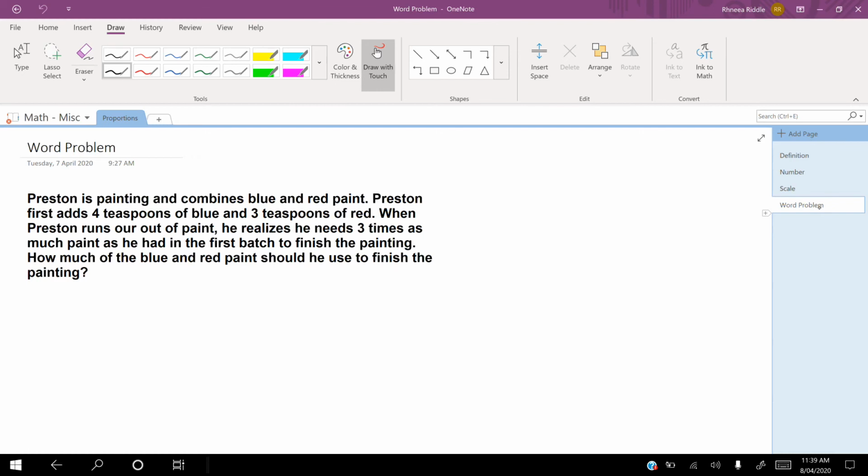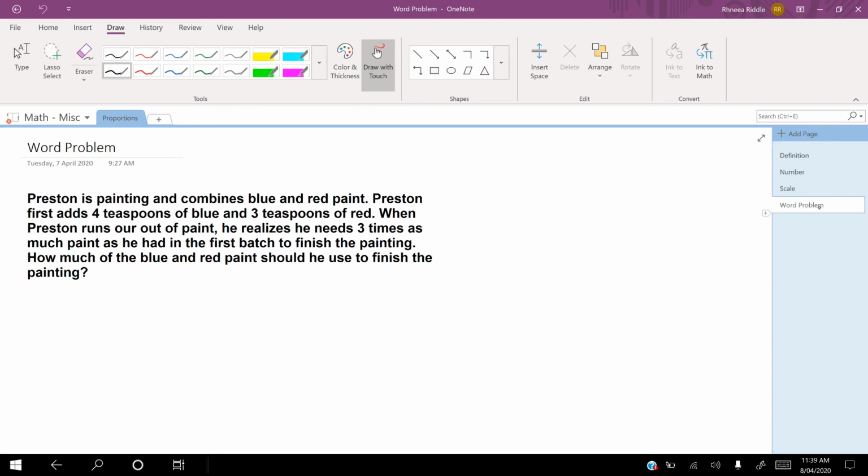Okay, so by now I'm hoping you hit play because you've given it your best shot. So we're going to first dissect what the word problem is asking us. It says that Preston is painting and combines blue and red paint. Preston first adds 4 teaspoons of blue and 3 teaspoons of red.